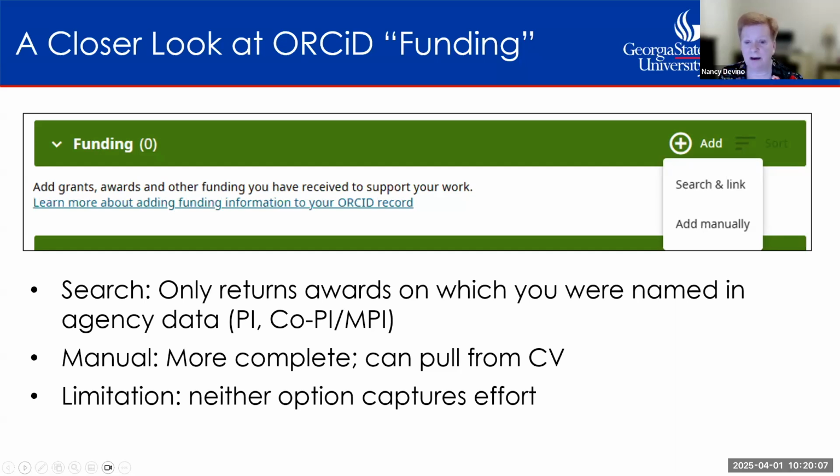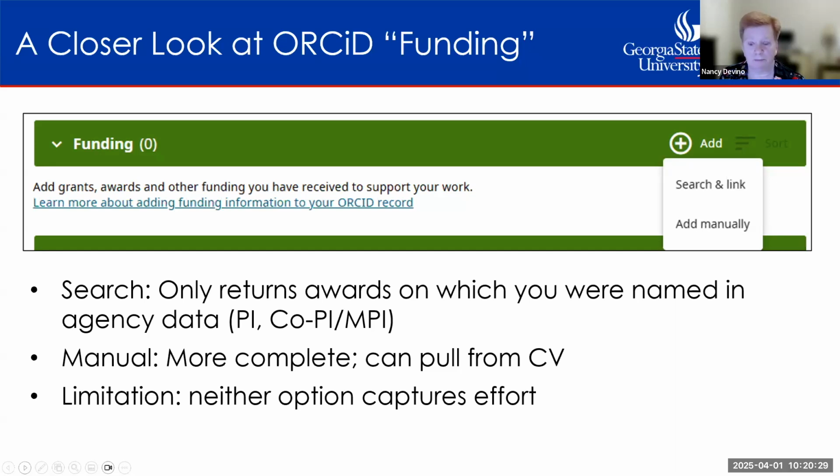So if you were a PI, a co-PI, or an MPI, your name will be there and it should pull you in. If it's a private foundation, it may or may not. In fact, most cases will not pull that. Other sources of funding will not be shown there. So that's when you would use the manual tool.